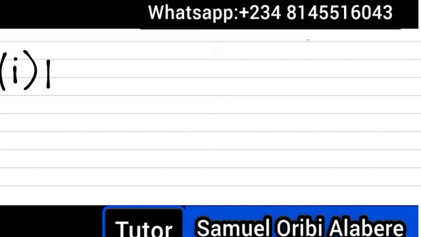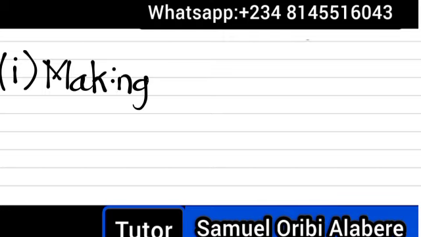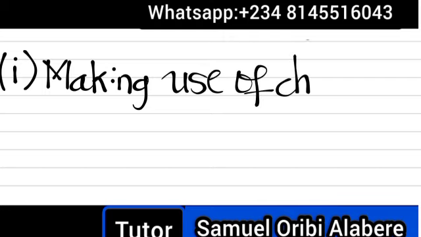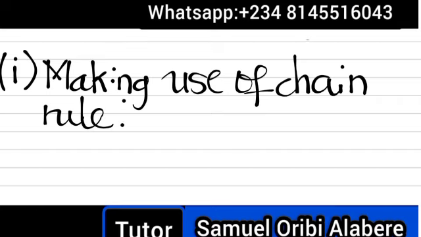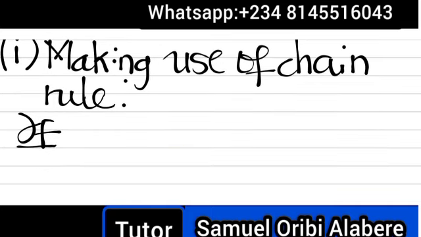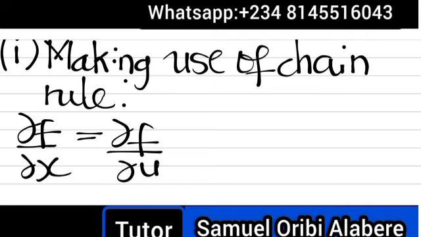So, making use of the chain rule, we now have the partial derivative of f with respect to x, which will then be equal to the partial derivative of f with respect to u multiplied by the partial derivative of u with respect to x.